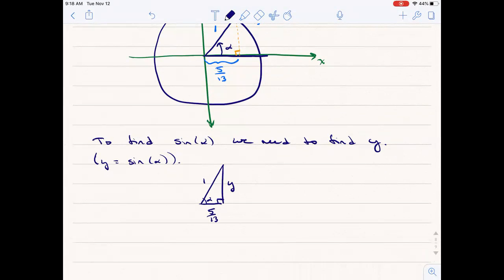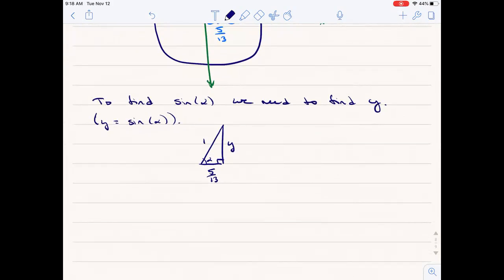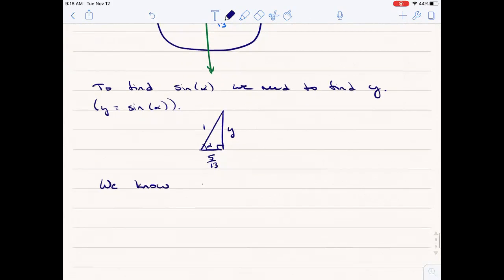Now we get to use the Pythagorean theorem. We know x squared plus y squared equals r squared. Because if we have r equals 1 and x equal to 5/13, then we can solve for y.